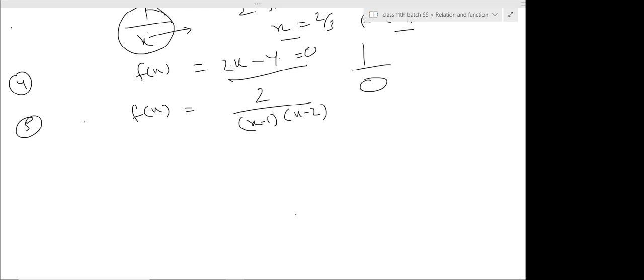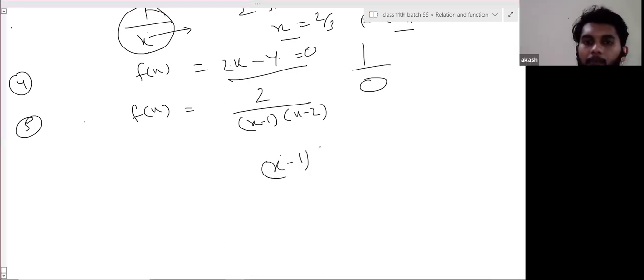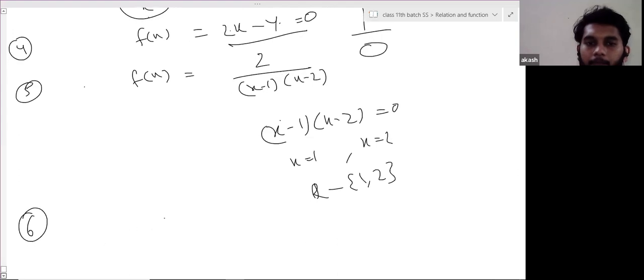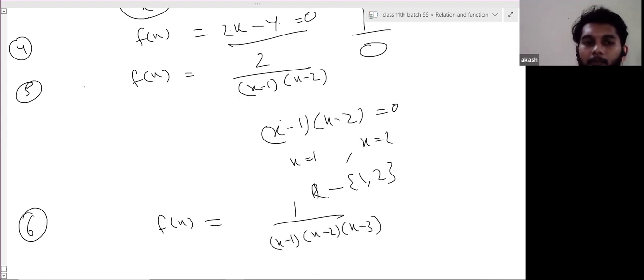All right. So what you can do, x minus 1 and x minus 2 are 0 when x equals 1 and x equals 2. So all real numbers except 1 and 2. Next question. Domain of this function.